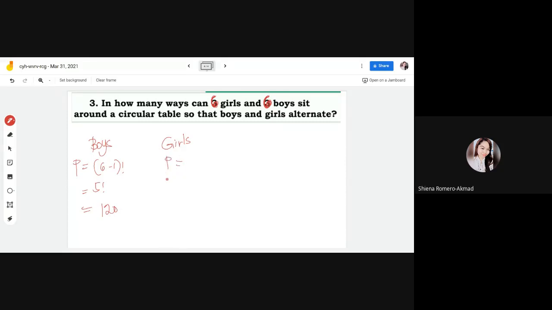For girls, dahil wala akong i-assign sa kanila sa starting point, all I have to do is to get the arrangement of the girls, which is 6 factorial. And 6 factorial is 720. Now, for me to have the answer, all I have to do is to multiply 120 and 720. Now, what is the answer?